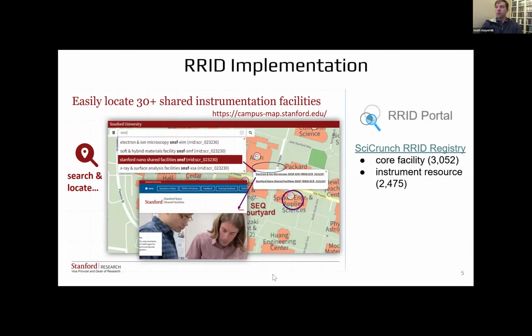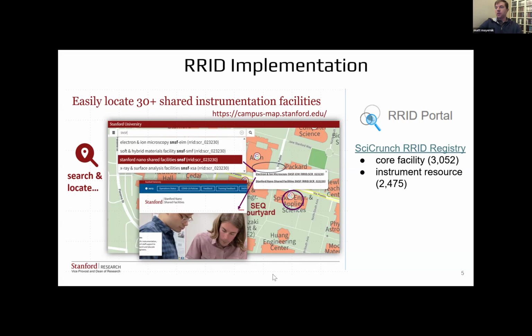Some of you may be familiar with research resource IDs, RRIDs. This is an identifier type that came out of the biomedical community. Initially it was started for purposes like reagents, chemicals, lab materials, and things like that. Over the years, they expanded and, as shown on the right, have assigned identifiers to many what they call core facilities, which essentially refers to university campus-based facilities that people can use, such as microscopes, mass spectrometers, things of that nature that people can make use of on campuses.